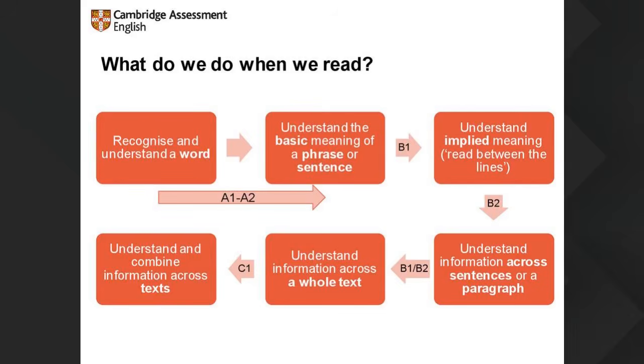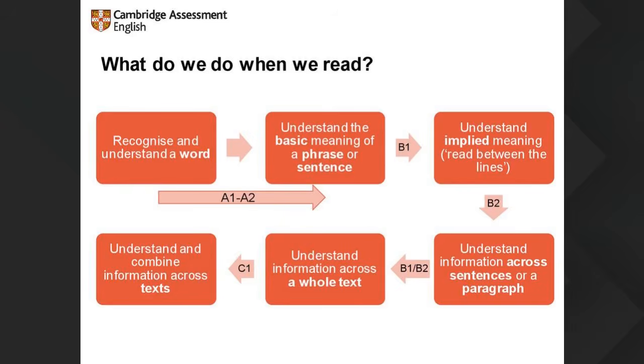At B1, they are starting to understand implied meaning, so reading between the lines. And then at B2, also trying to work with a whole text, so reading and understanding information across sentences or paragraphs. Using different texts also comes at C1, so at higher levels.